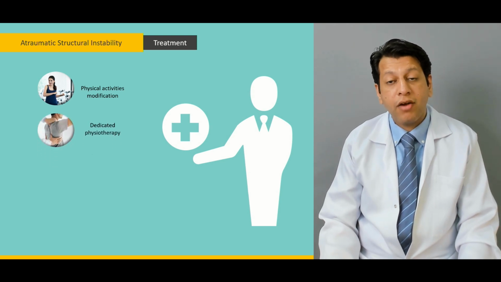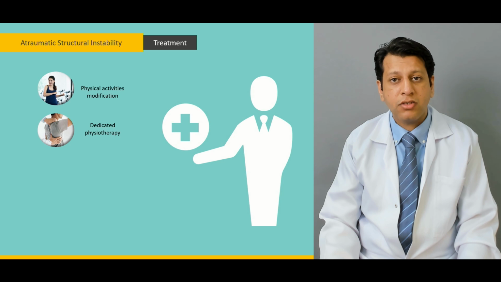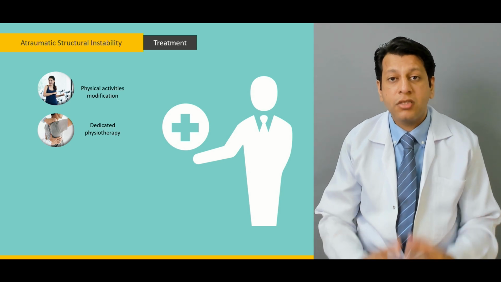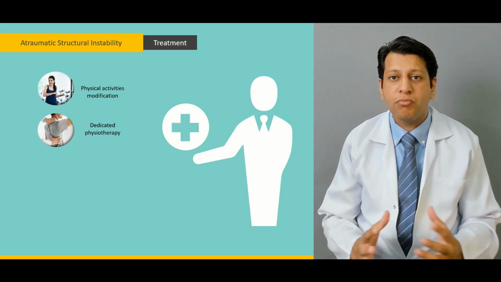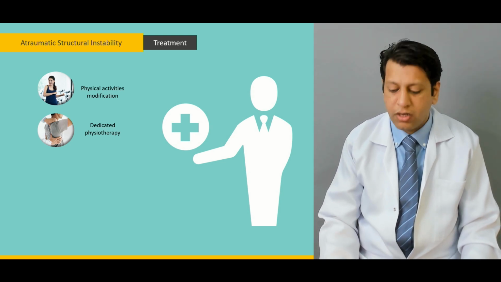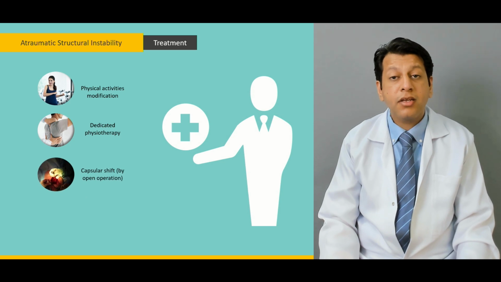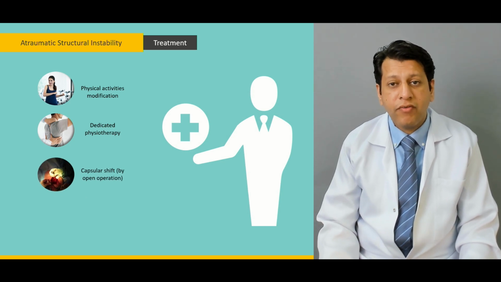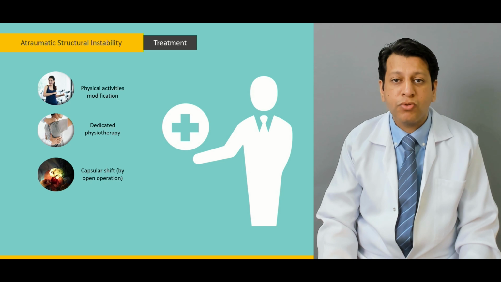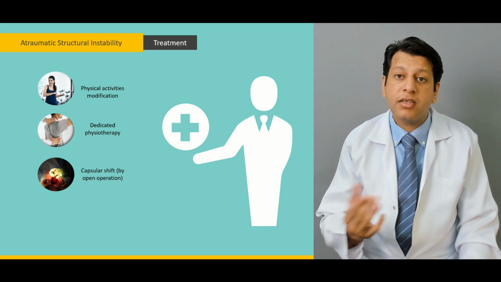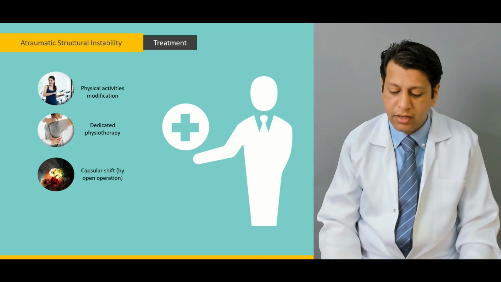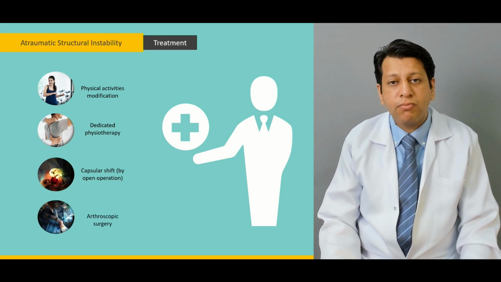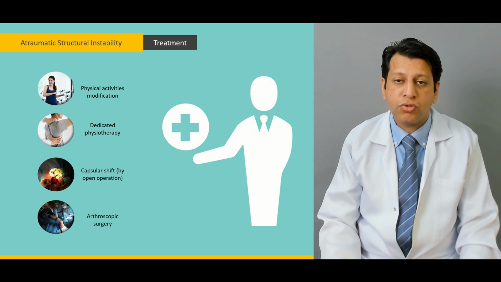Other is dedicated physiotherapy in the form of rehabilitation, so that the muscles are strengthened further and reduce the movement of the head out of the glenoid. Then there is the capsular shift. Capsular shift is done to tighten the capsule, which further increases the static stability of the joint, so that the head does not come out again and again. Nowadays even this capsular shift is mostly done by arthroscopic surgery.